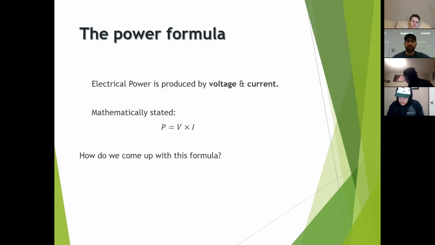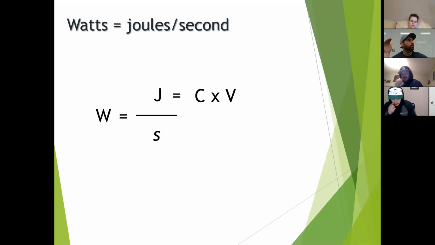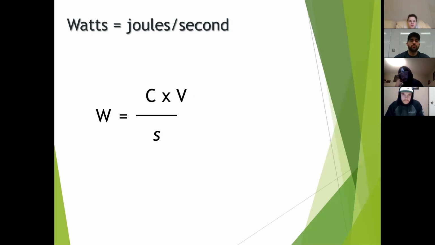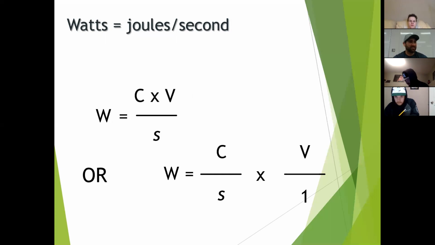Where's this coming from? If we start with watts is equal to joules per second, and remember that joules is equal to coulombs times volts, then it can be said that watts is equal to coulombs times volts over seconds, which is current, or coulombs per second is current, and voltage over 1, right?